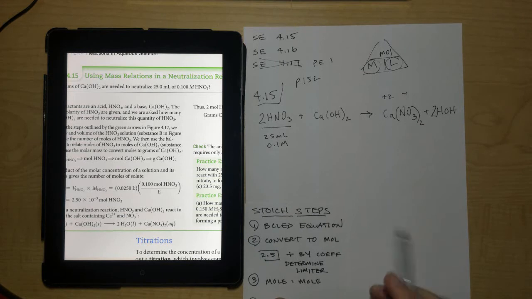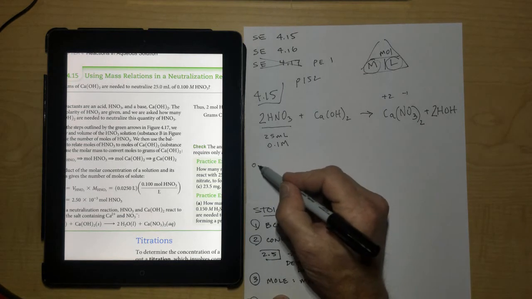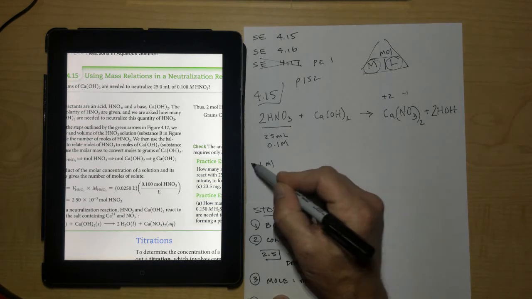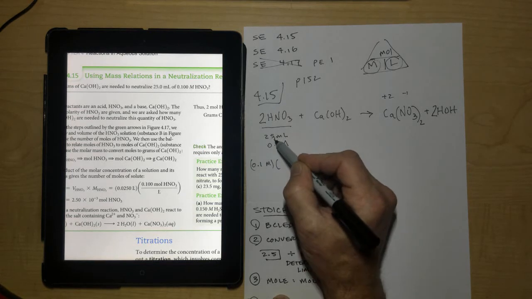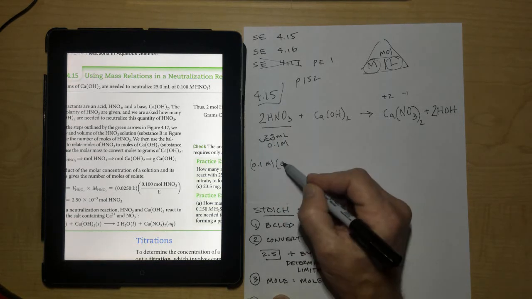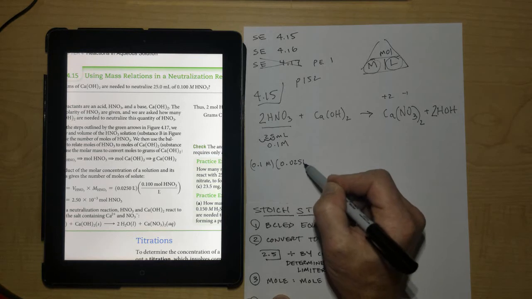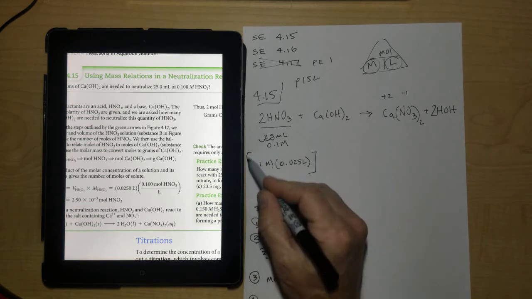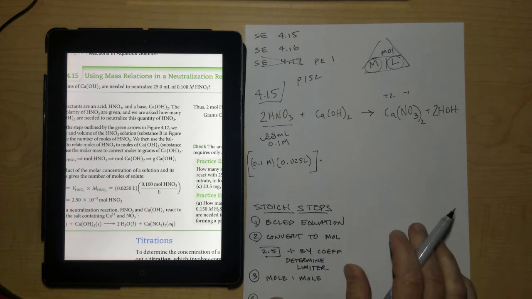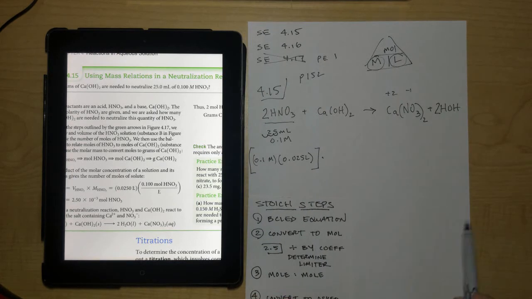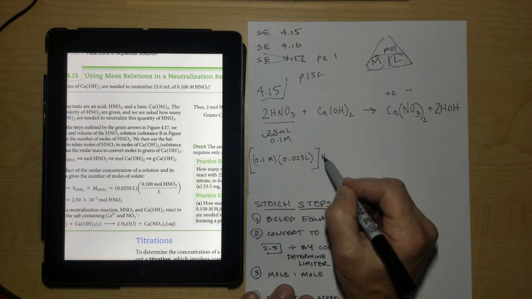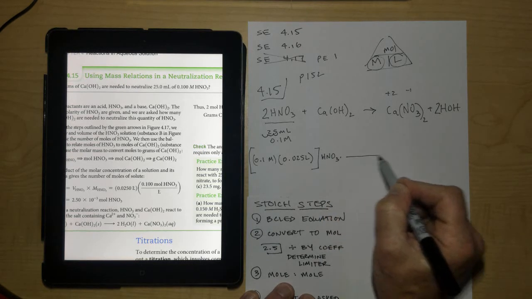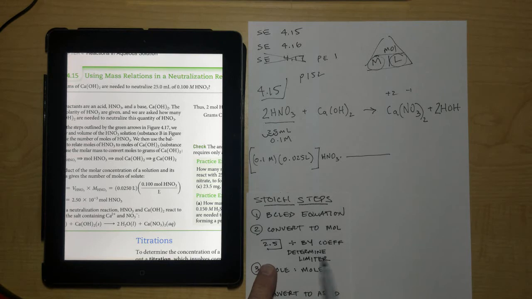So 0.1 molar times, convert this to liters, 1, 2, 3 to the left, is 0.025 liters. That gives my number of moles in step number 2. I'm going to stop there and not use the calculator until the end. I'll put the units in, though: mol HNO3.